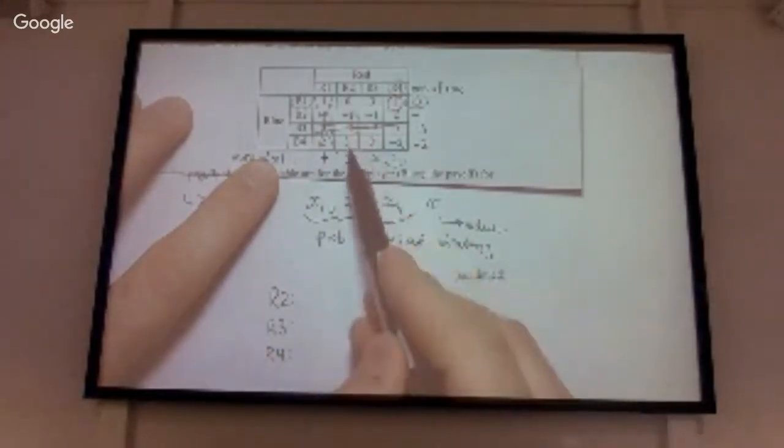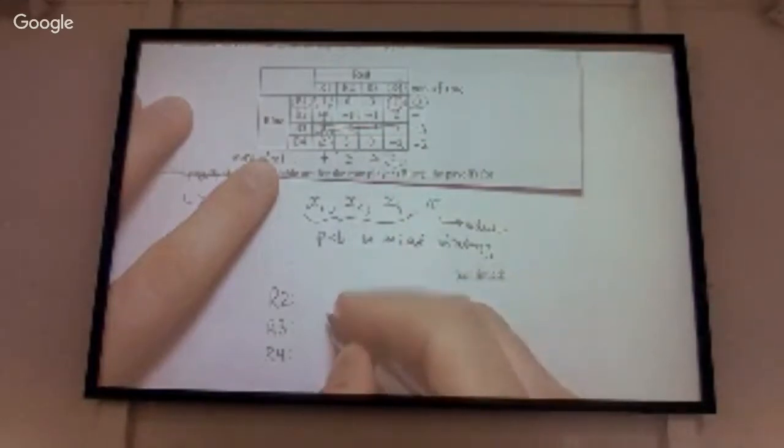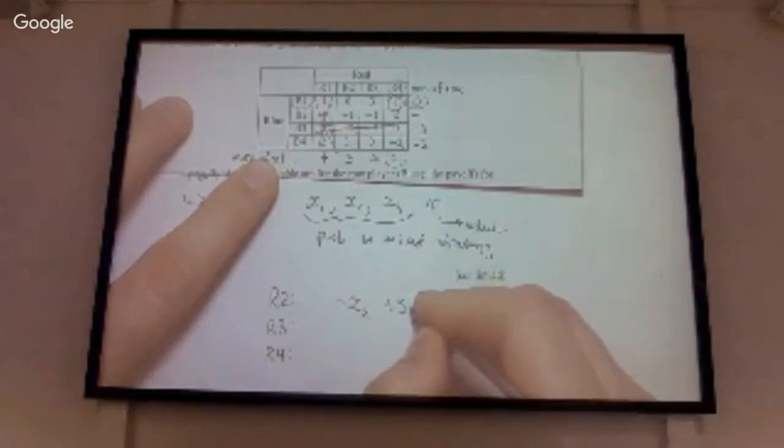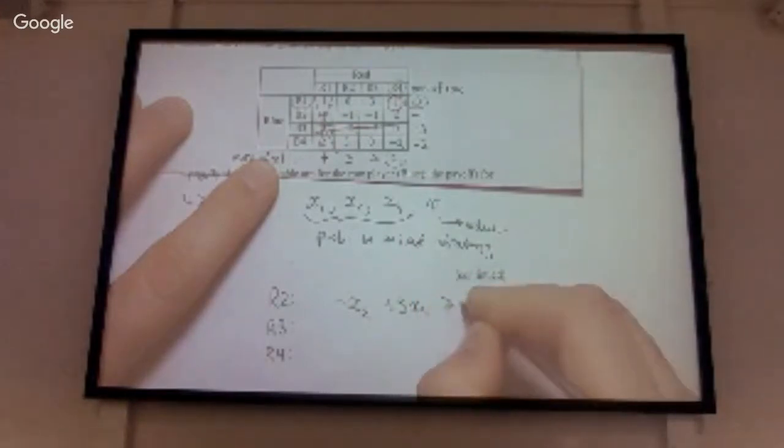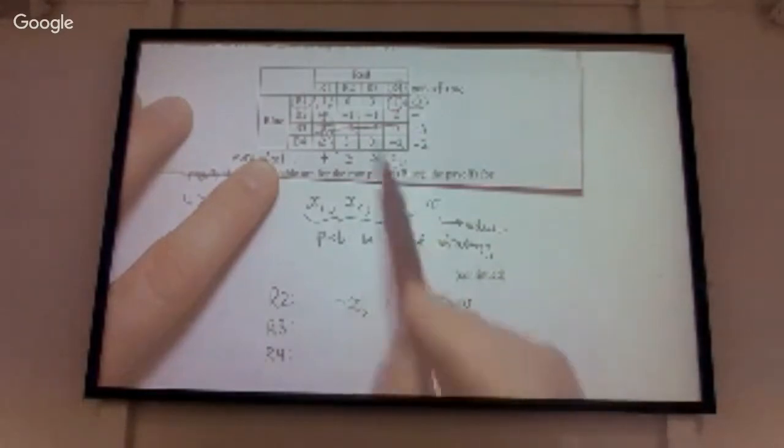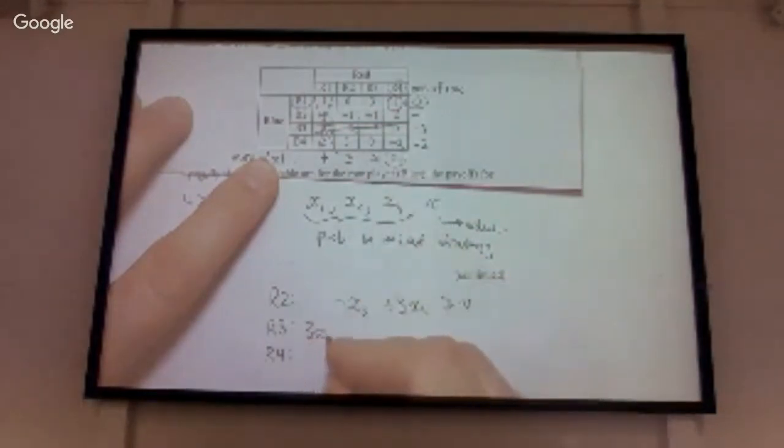R2 goes down like this: 0 times x1 minus 1 times x2 plus 3 times x4 should be greater than or equal to v. In R3 you get 3x1 minus x2 is greater than or equal to v.